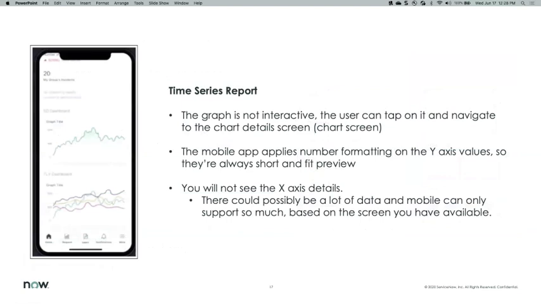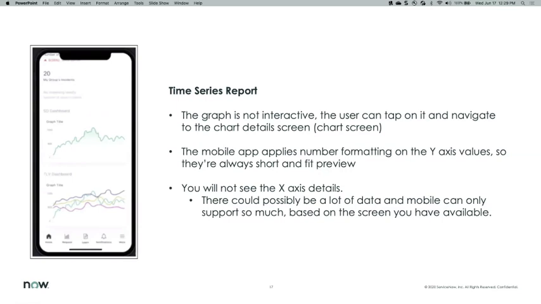For the time series report, the graph itself is not interactive. The first graph is not interactive, but when you click into it, that chart screen is interactive. The mobile app applies number formatting on the y-axis, so the labels are always short and fit the preview. You will not see the x-axis details, and that is only because it doesn't know how much potential data could be there.